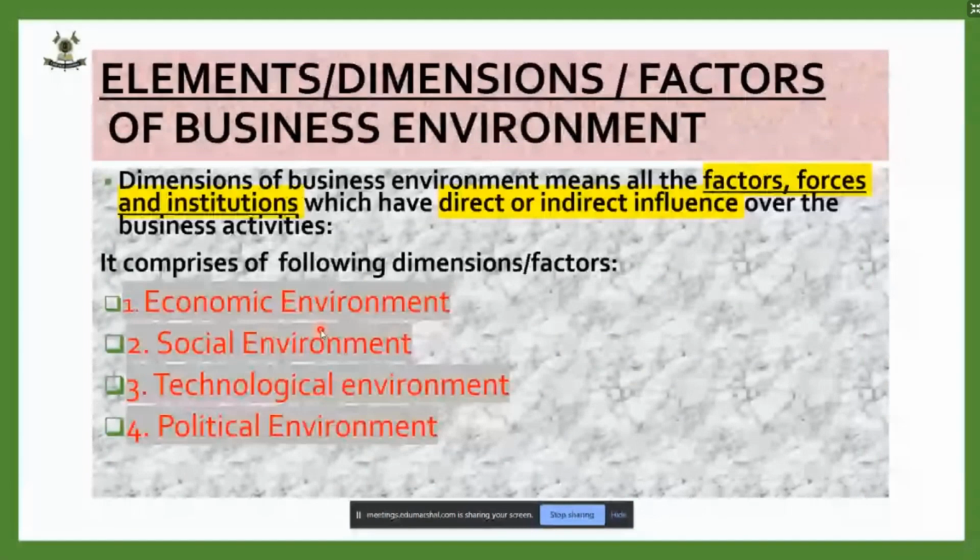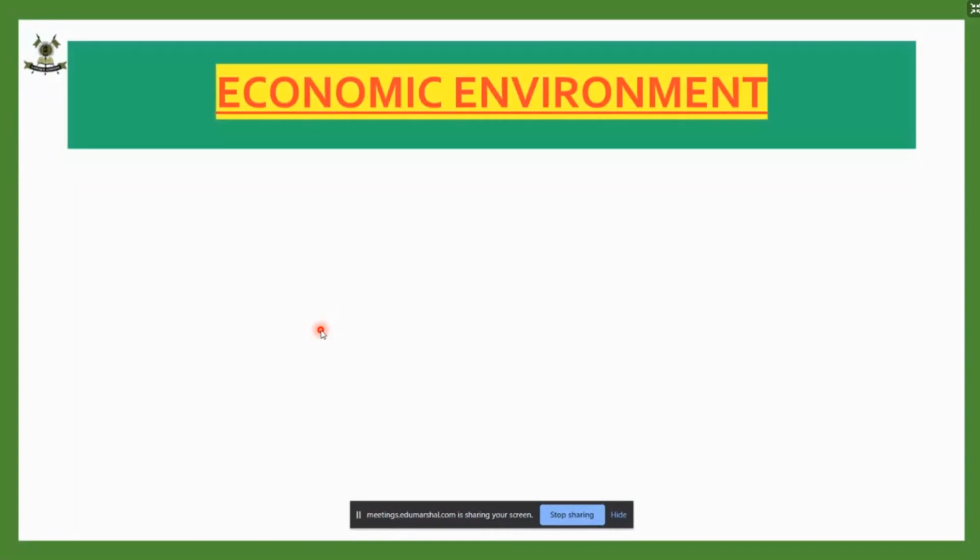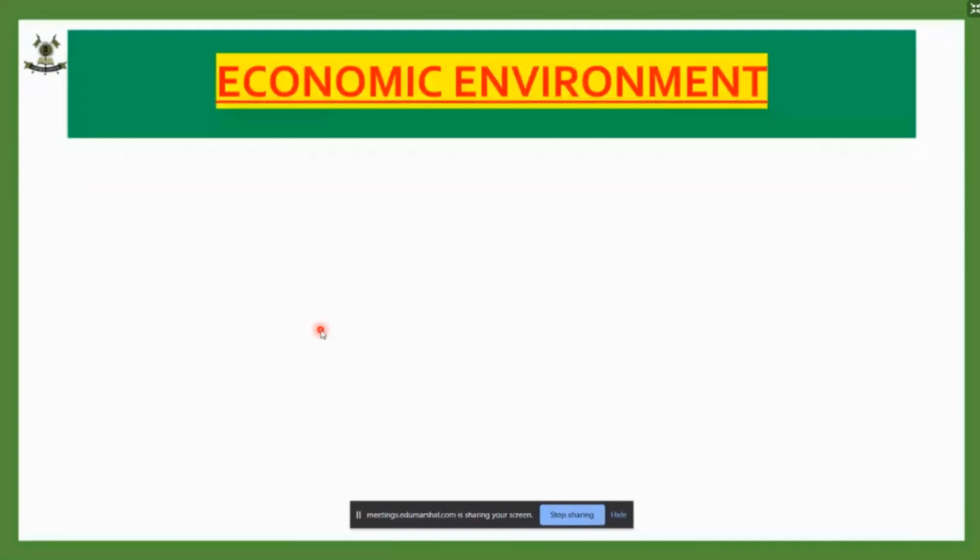Now let's start with the first environment, and that is the economic environment. Now when you see this, children, how are you going to identify what constitutes the economic environment? Anything happening in the environment which has an impact on the productivity, economy, or income of the business will be considered part of the economic environment.